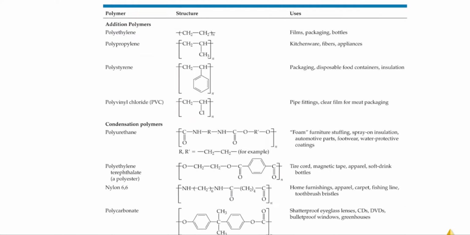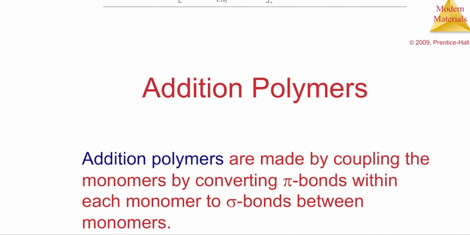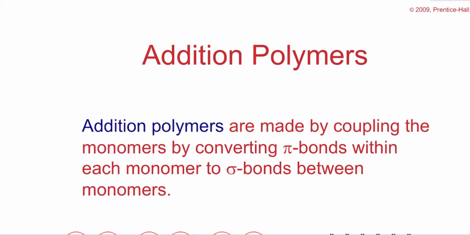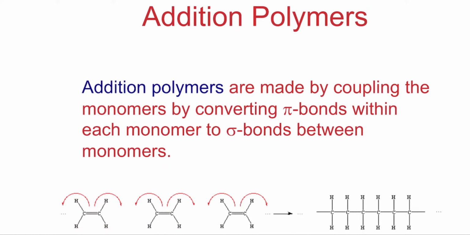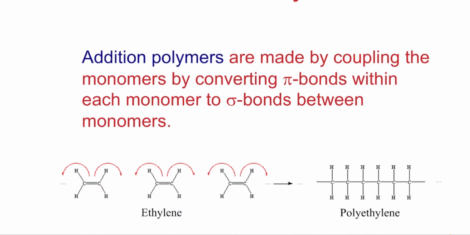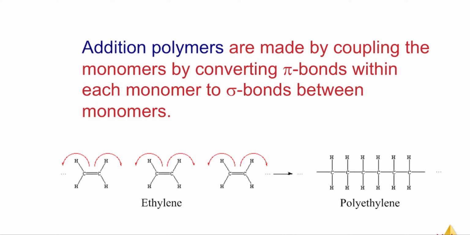So there's a couple of ways of making polymers. The first one we'll look at is addition polymers. So let's take ethylene. Ethylene has a double bond, so it's two carbons, double bonded, joined to hydrogens.